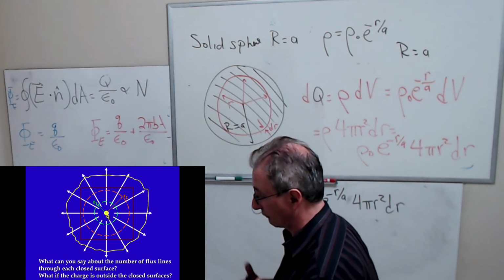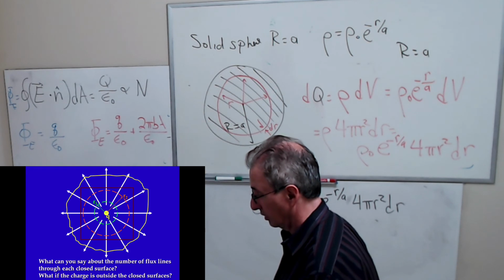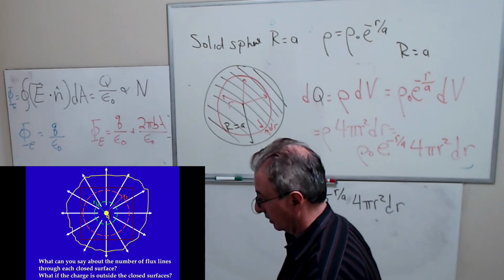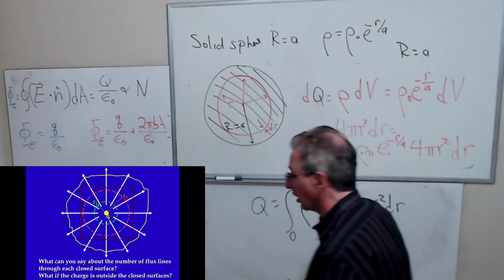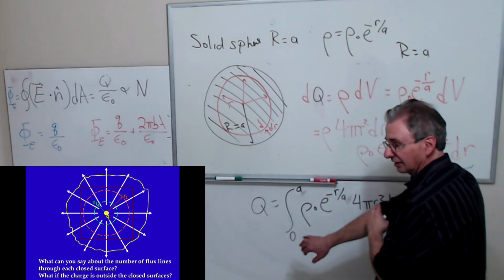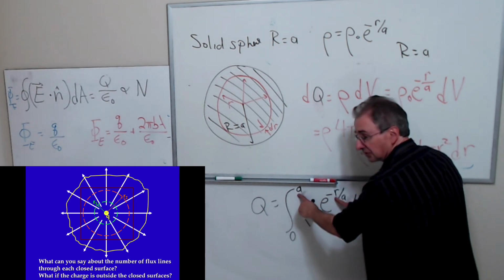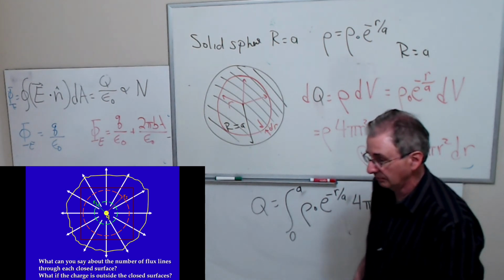Little r is the variable you're integrating over. You can't make all the r's the same, right? When you're integrating, you can't make this r and this the same. You have to differentiate them.